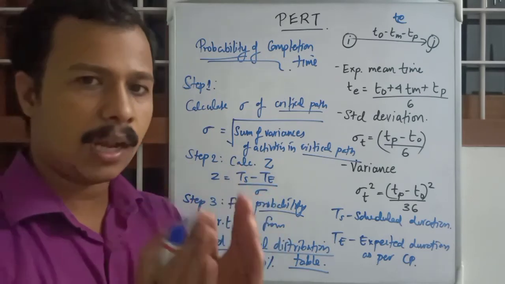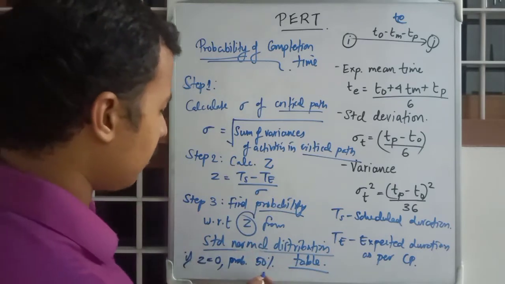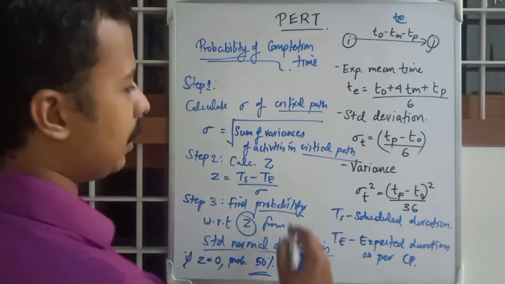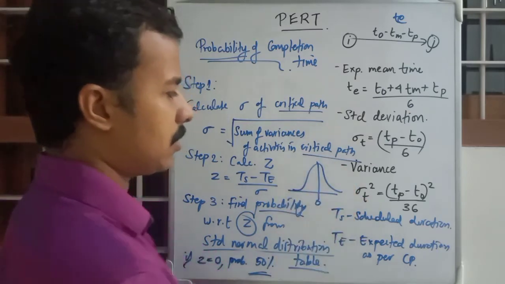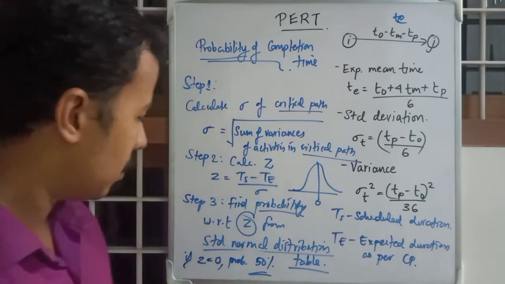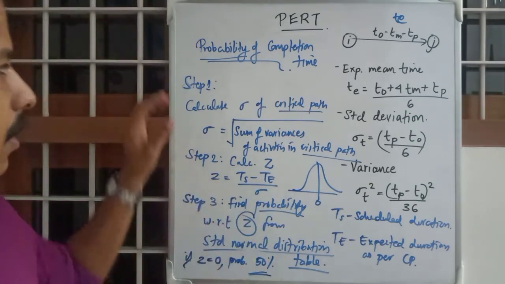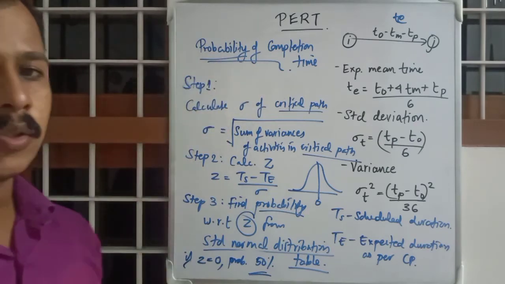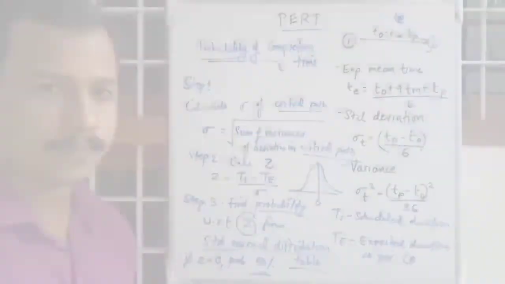You are not altering the critical path duration, so that probability will be 50%. It actually goes like this, this being Z equal to 0. So these are the 3 steps that should be followed for calculation of probability of completion time. We will get into an example and that will be clear.